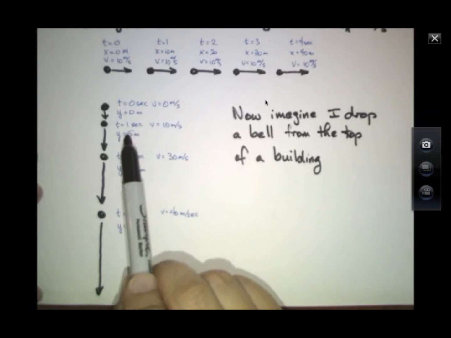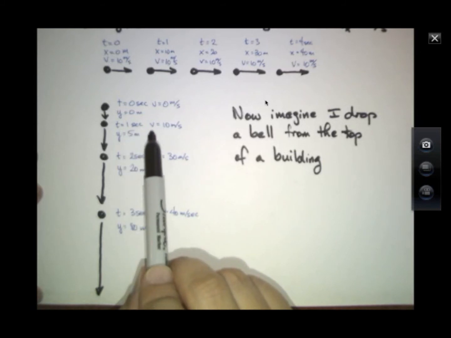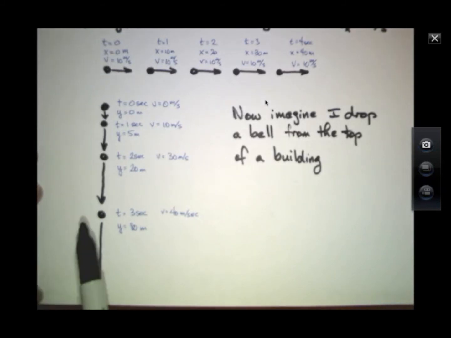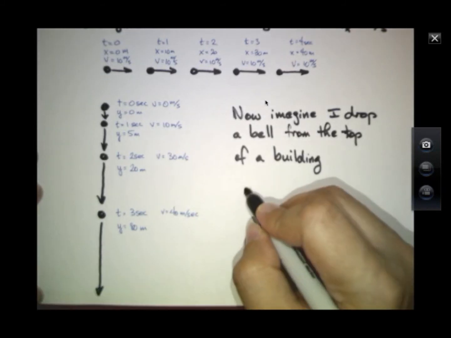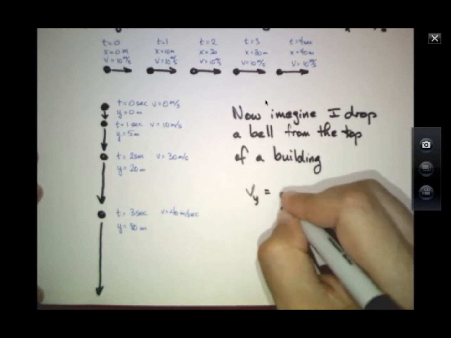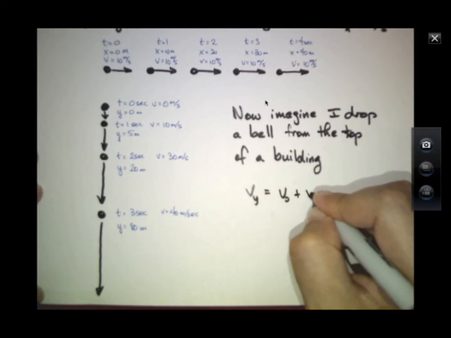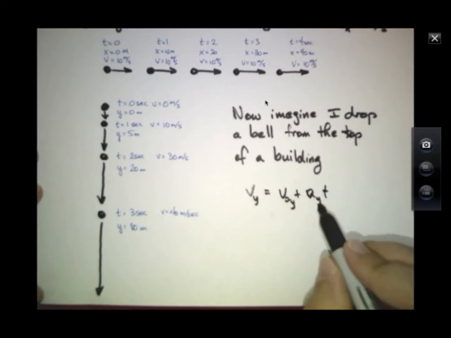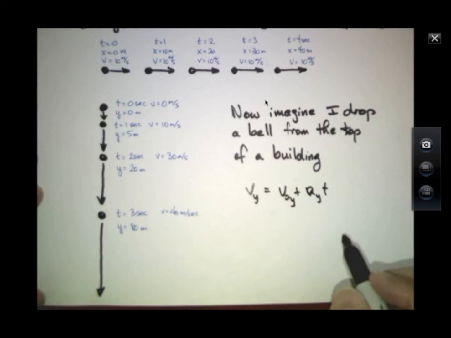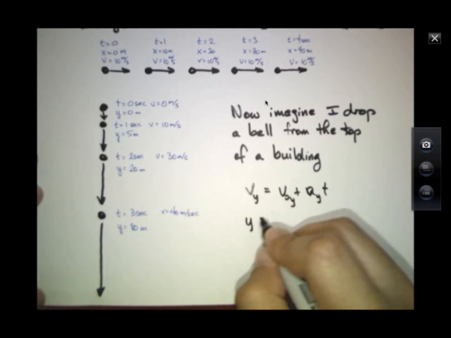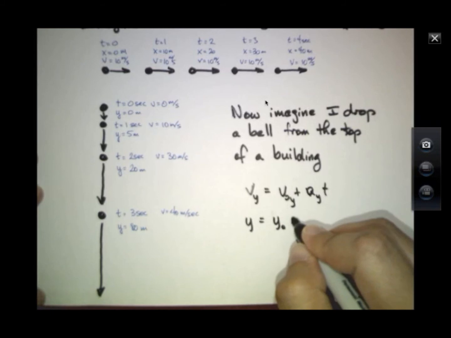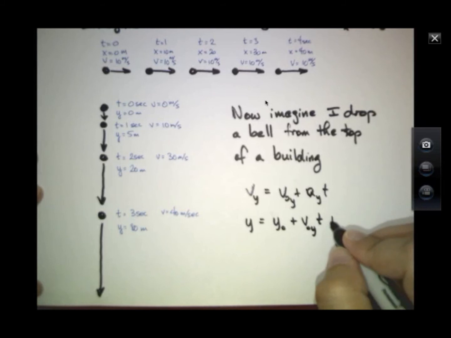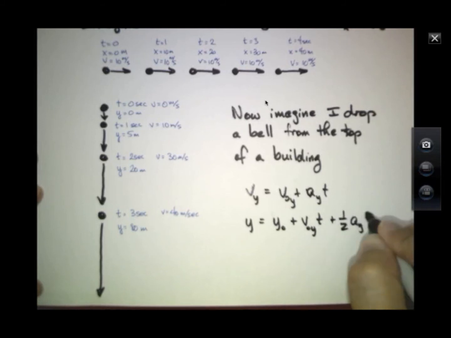But at 1 second, my equations of motion, the velocity grows linearly with time by the acceleration, now says that the velocity will be 10 meters per second. Remember that vy is v naught plus ay t, and ay is this constant g. And y is going to equal y naught plus v naught y t plus 1/2 ay t squared.